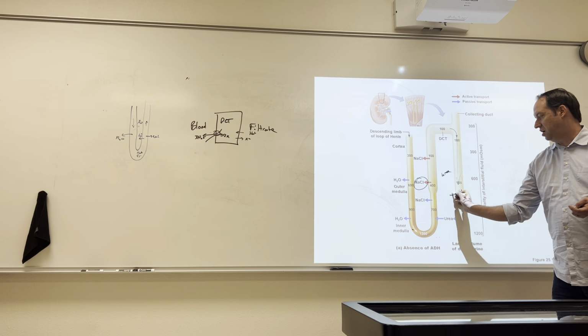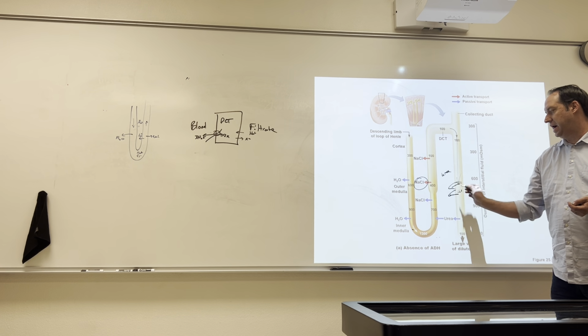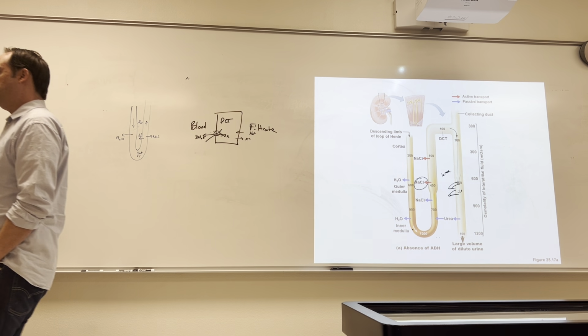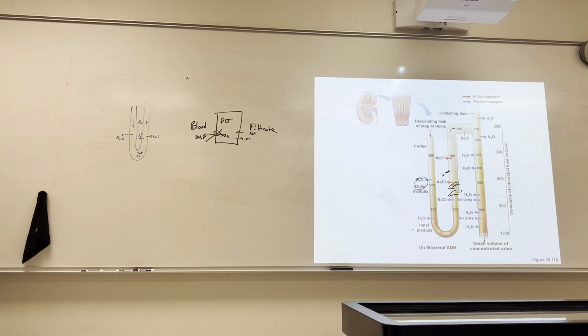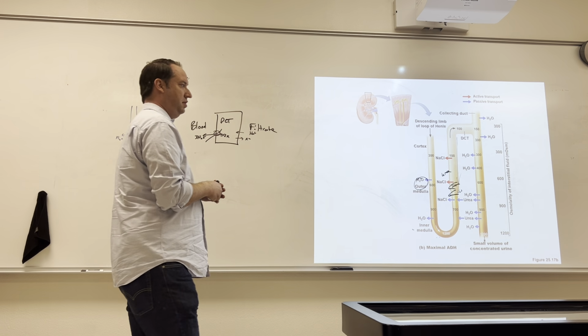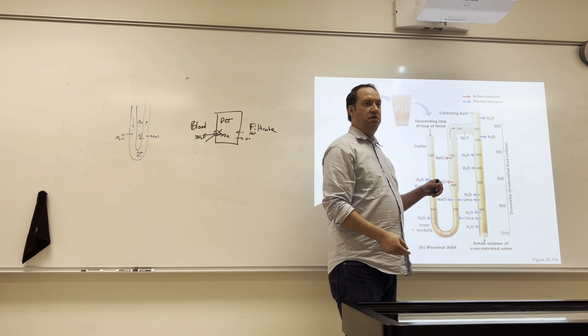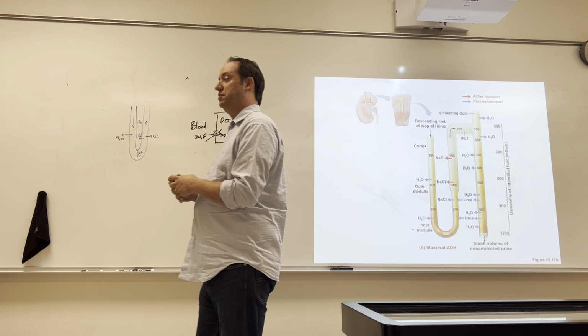So now that water can all come back out and get reabsorbed. You reabsorb the water, and then instead of a large volume of diluted urine, you get a much smaller volume of concentrated urine, and that's what we're going for, so that we reclaim as much of the water as we can.